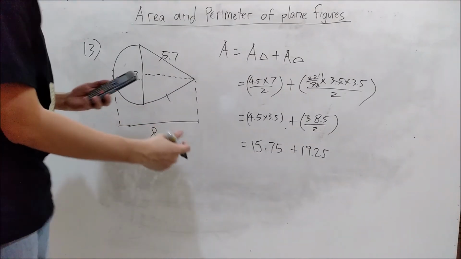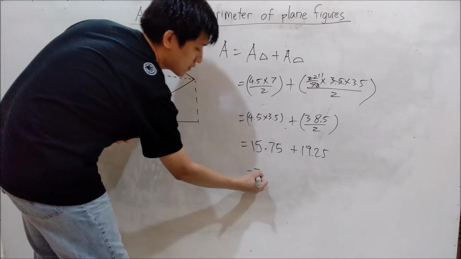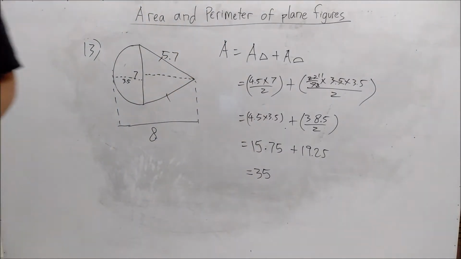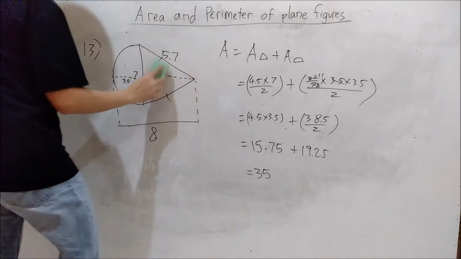What a nice number. We had 35 as the result. So the area of the figure is 35. That will be number 13. Let's move on.